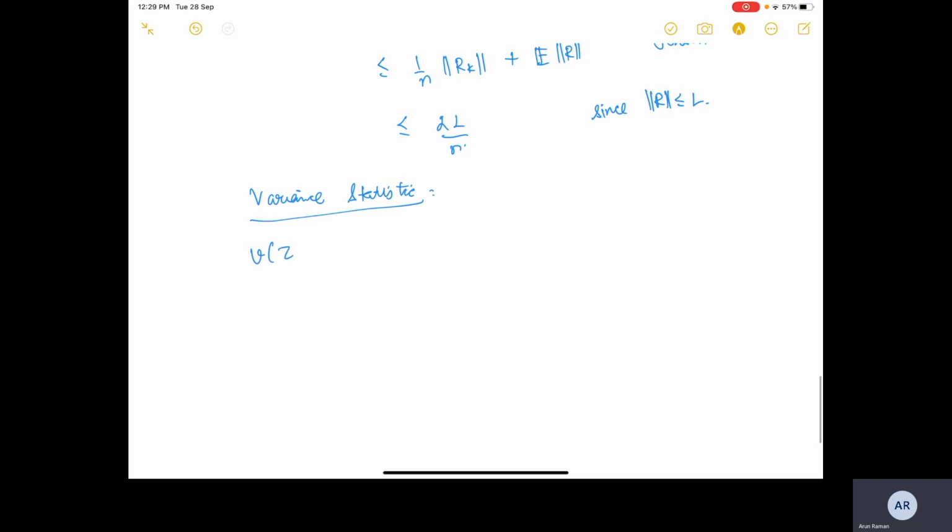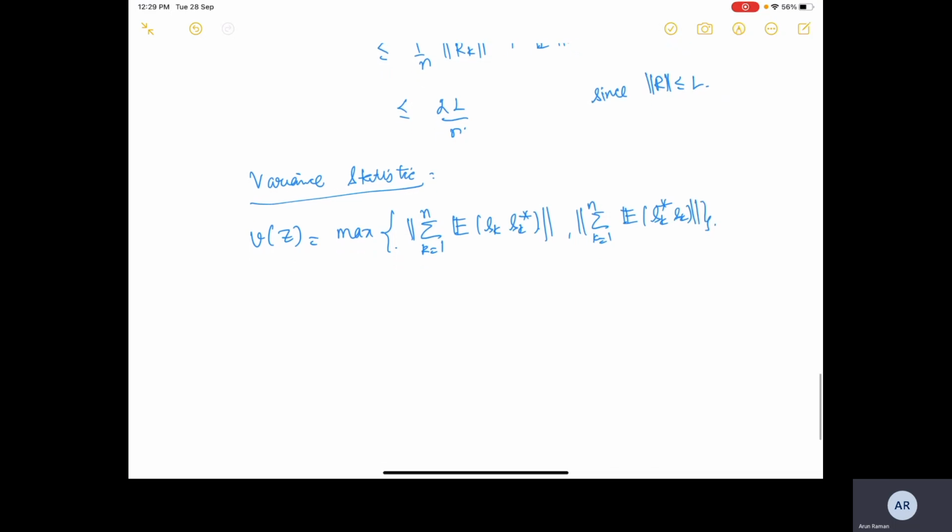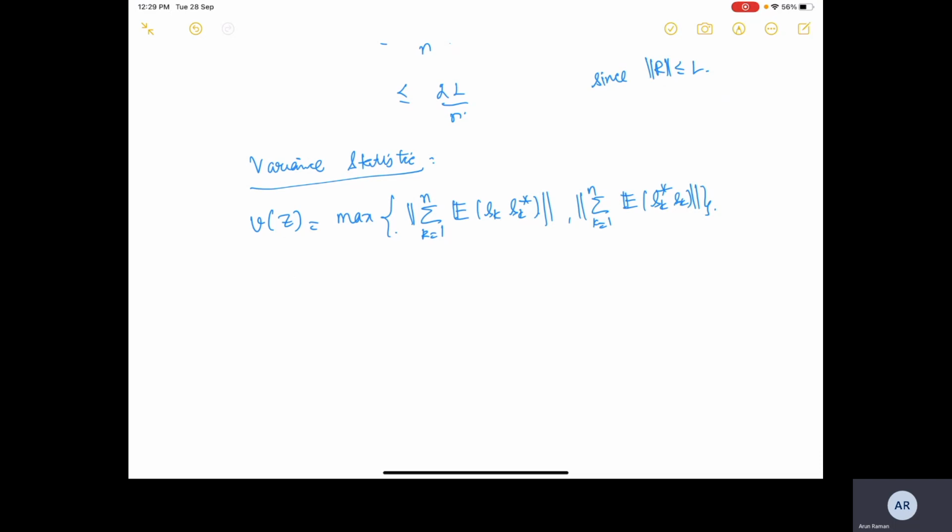The variance statistic V of Z is equal to the max of the two terms. So we have this.